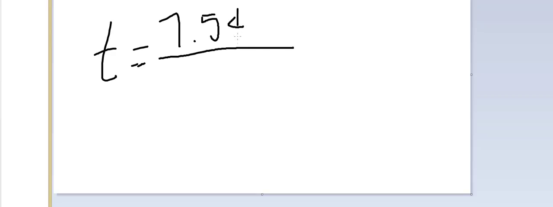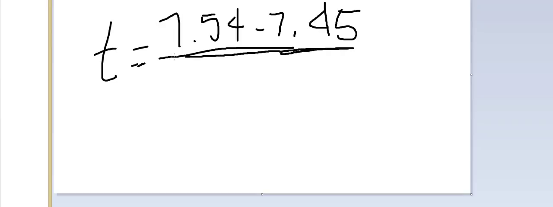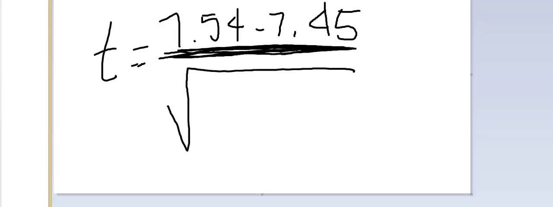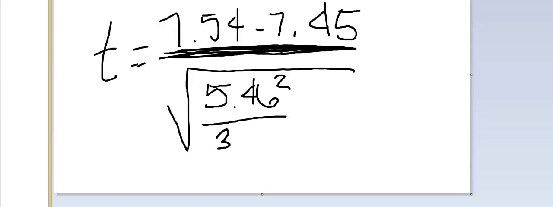So we have t equals 7.54, that was the mean for females, minus 7.45, that was the mean for males. And then we are going to divide that by standard error. And so that was 5.46, and we'll square that, divided by 382.